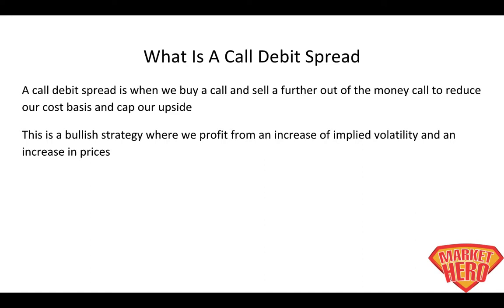However, getting the double whammy of an increase in prices as well as implied volatility rarely happens in stocks and equities. It mostly happens in FX, currency ETFs, currency stocks, as well as commodities like GLD, SLV, UNG, USO, all of those stocks that are based off of commodities.